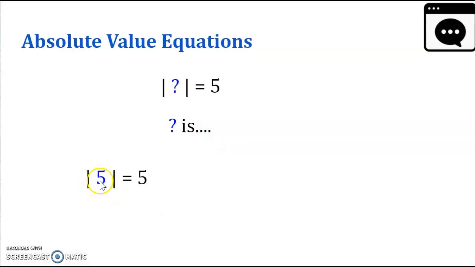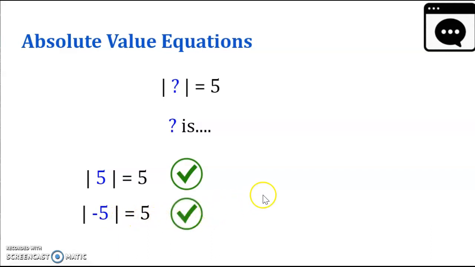Well, since I know that the absolute value of 5 is equal to 5, I know that is true. But I also know the absolute value of negative 5 is also equal to 5. That is also true as well. So we actually have two different possibilities.